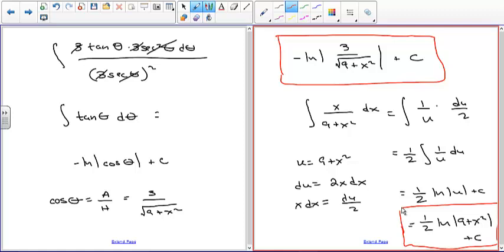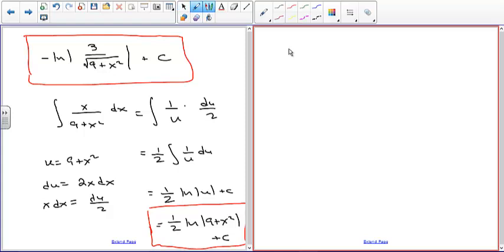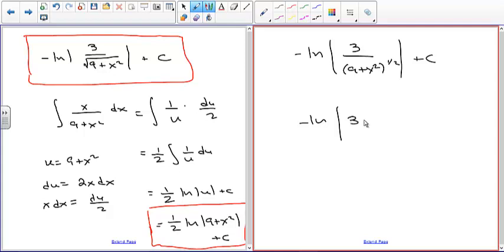So then I'm going to convert that one into this one. So we're going to take the top one, and we're going to rewrite this as 9 plus x squared to the 1/2 power. And then you can move this to the numerator, make it negative. So you'll have 3 times 9 plus x squared to the negative 1/2 power plus c.